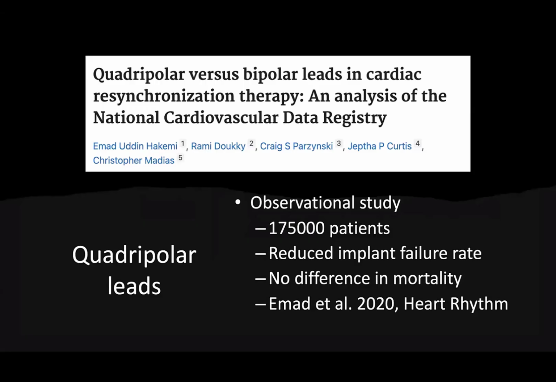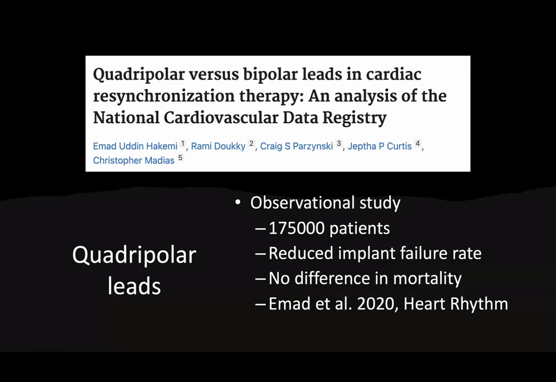Assuming that you were able to complete this, and of course, this is a registry, so it wasn't intention to treat, but as delivered, there was no difference in mortality. What that means is that patients who were successfully implanted with a bipolar device, which were fewer in percent than those who were successfully implanted with a quadrupolar device, didn't have a difference in mortality because the bipolar lead implant was successful.